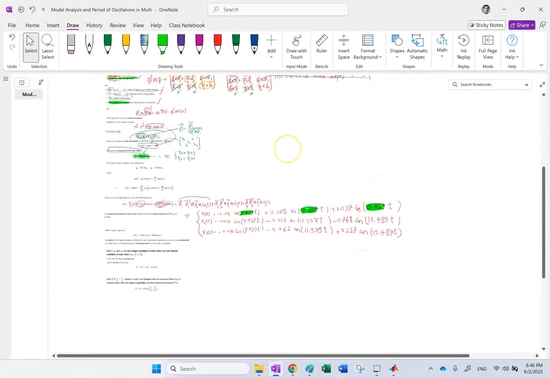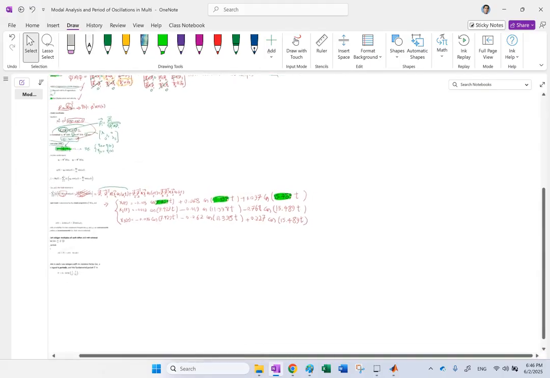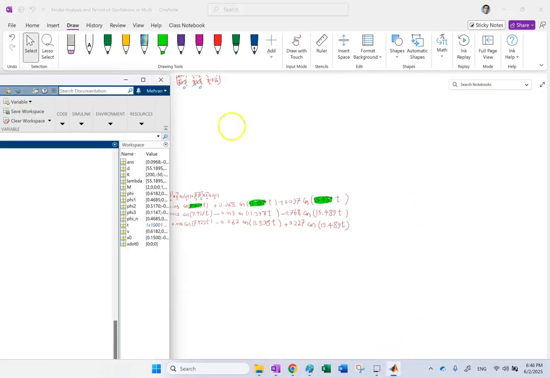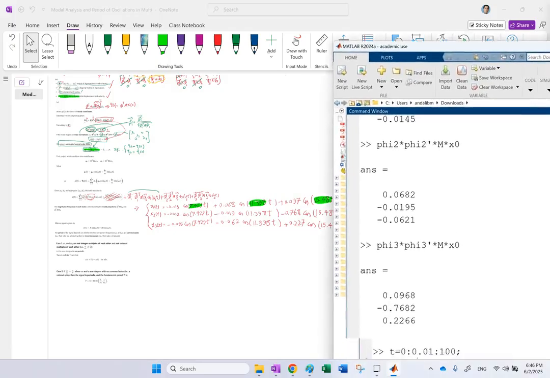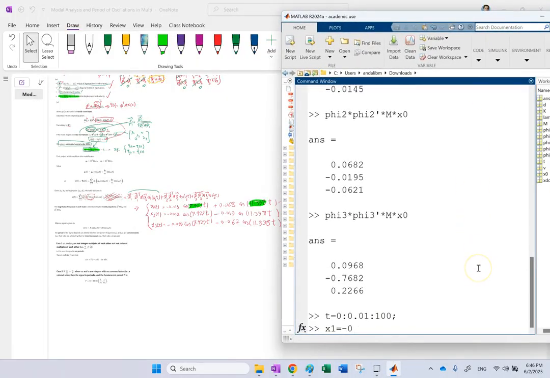Maybe this can help a little bit better. Let's move this to this side. And let's put this MATLAB on this side. So you can see, it is like this times cosine of 7.429 times t.